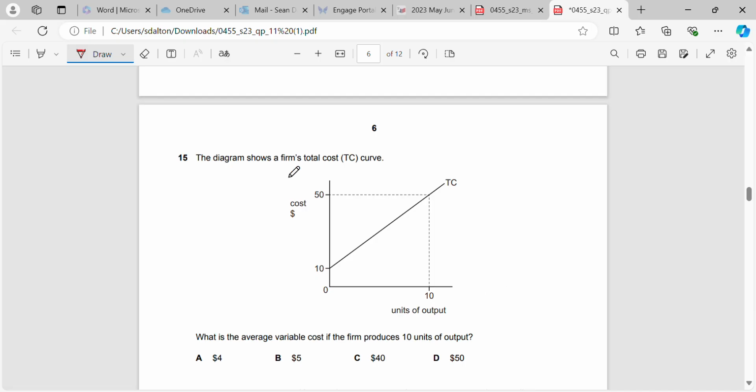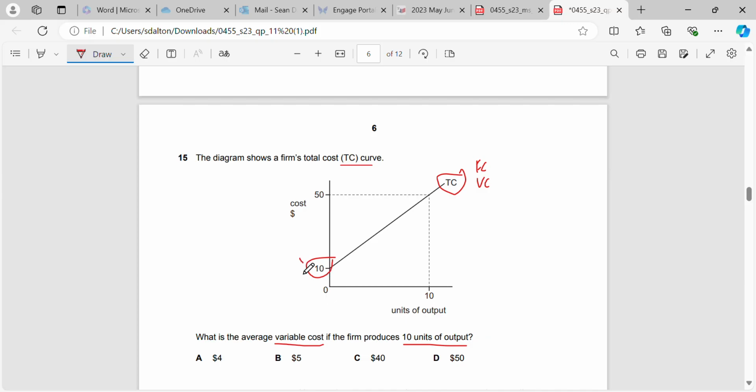Okay, the diagram shows a firm's total cost curve. What is the average variable cost if the firm produces 10 units of output? Right, first thing we need to do is, this is total cost. We need to find our fixed costs and our variable costs for 10 units of output. So we can see here, when we're not making any units of output, our cost is $10.